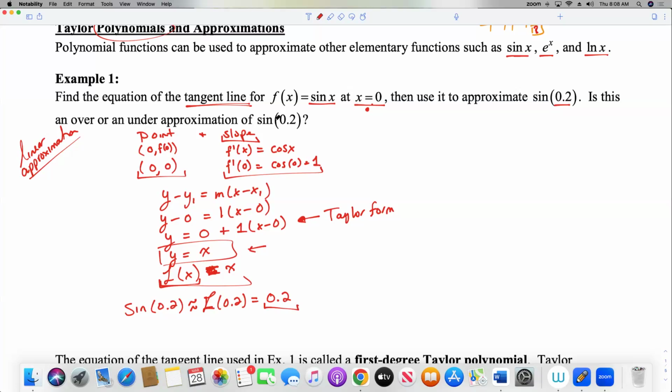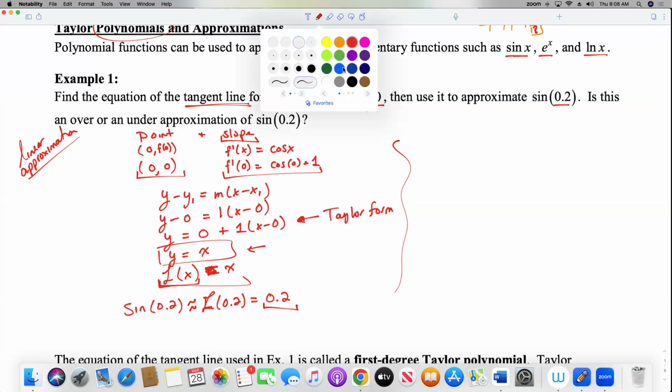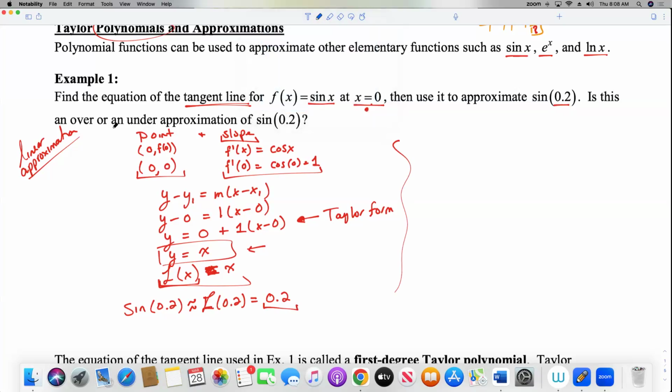Now, the second part of this question: is this an over or under approximation of 0.2? We know how the graph of sine of x looks. Sine of x starts right here and does one of these.